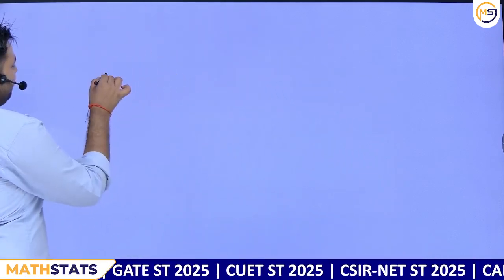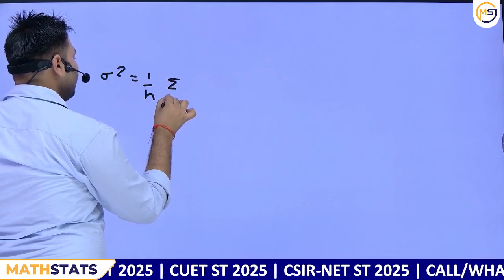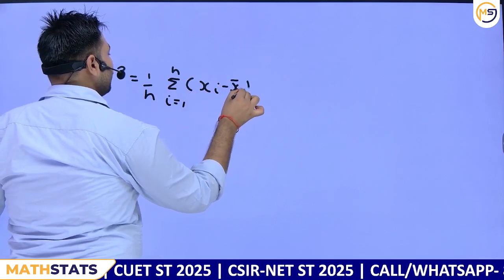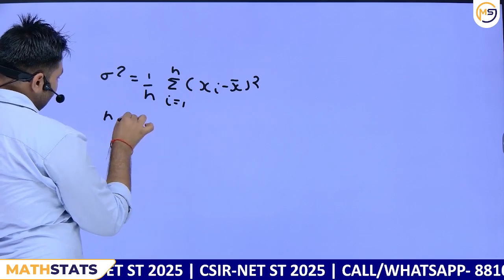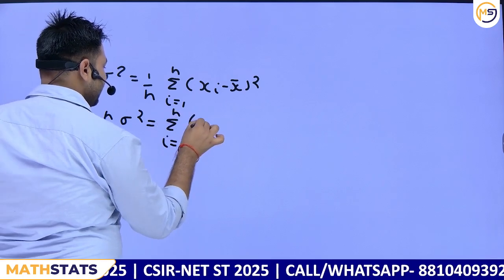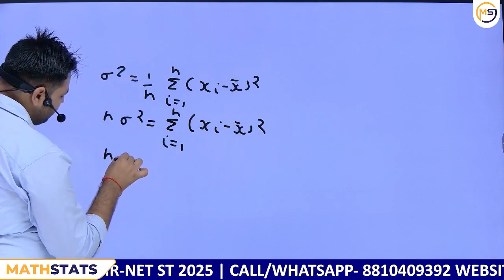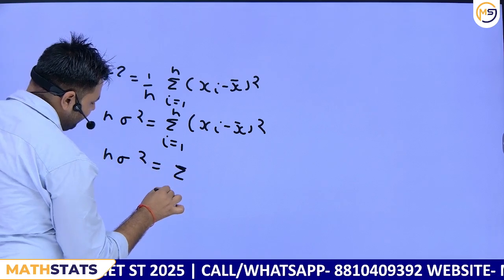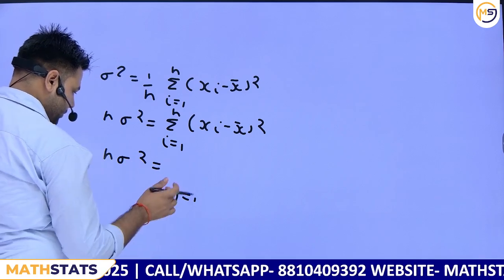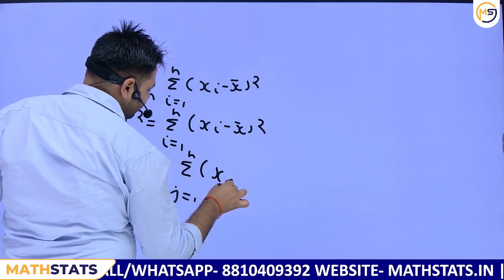Sigma square is equal to 1 upon n summation i equal to 1 to n (xi minus x bar) square. So n sigma square is nothing but summation i equal to 1 to n (xi minus x bar) square. Similarly, n sigma square is also equal to summation j equal to 1 to n (xj minus x bar) square.